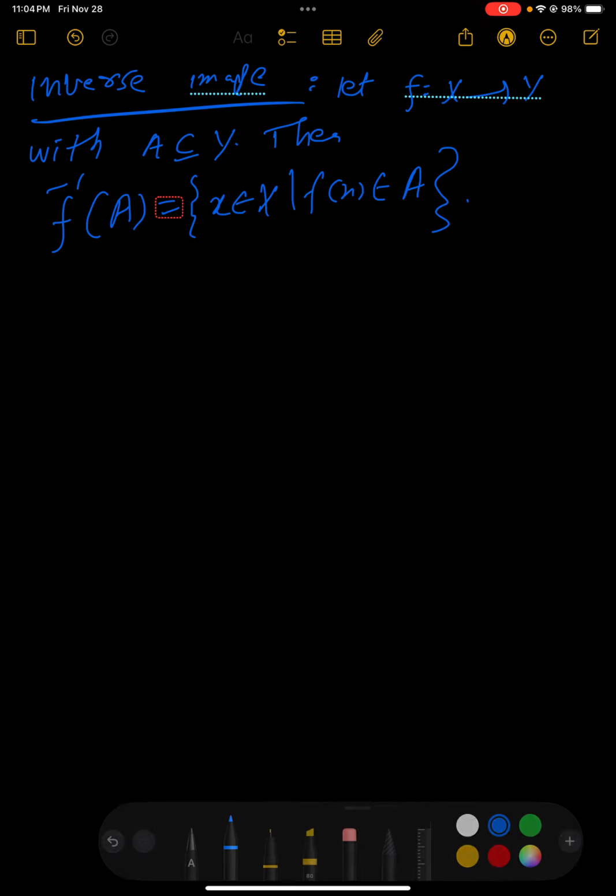Now we are gonna have some algebra of inverse image.